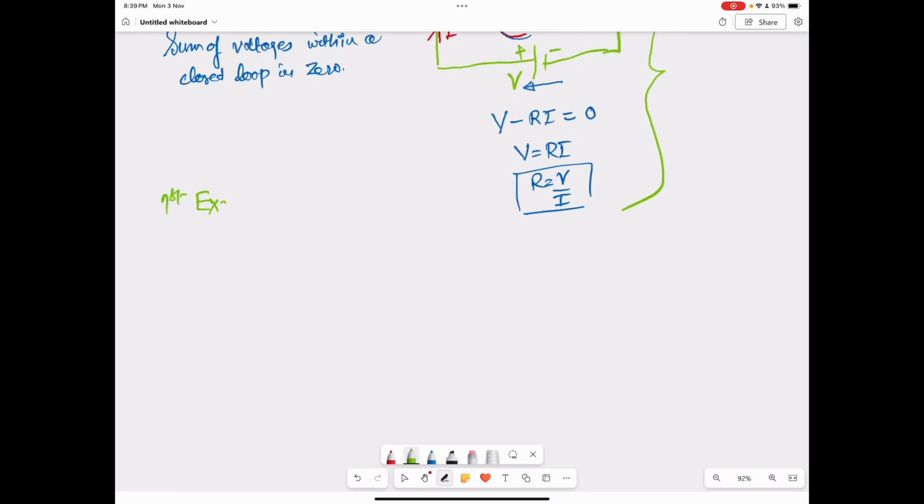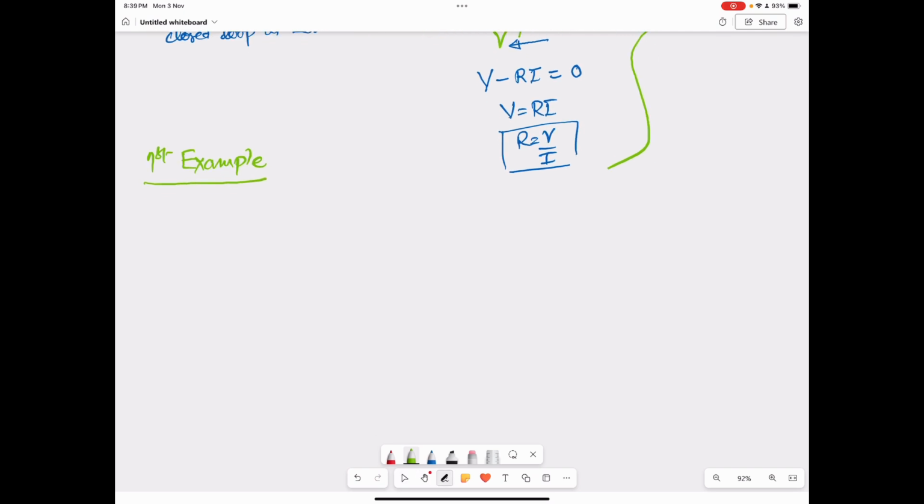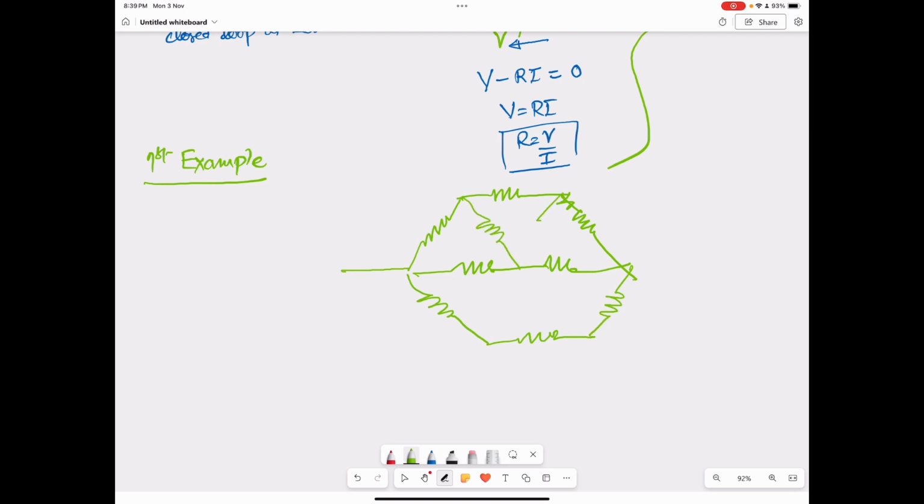First example, I am taking a hexagon. Now, I'll use the same fundamental.